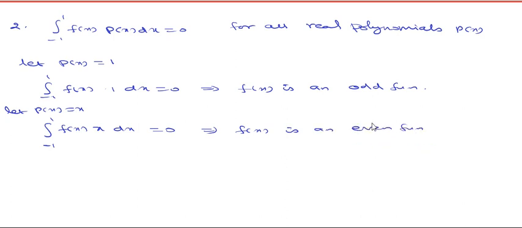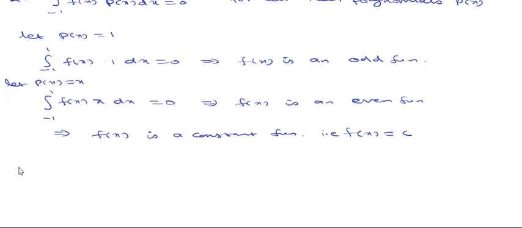A function which is both odd and even, based on a similar argument as we saw for option 1, is a constant function. That is, f(x) equals some c. For convenience, let us take c equal to 1.